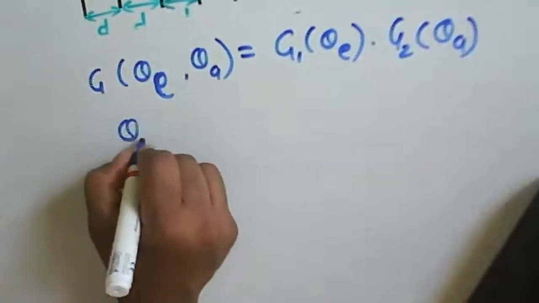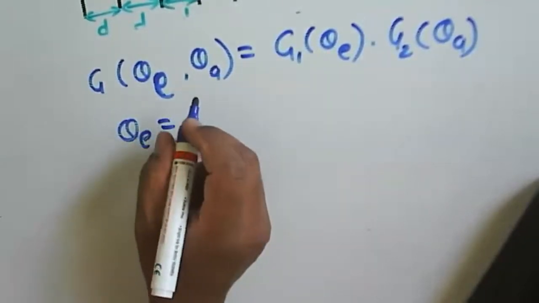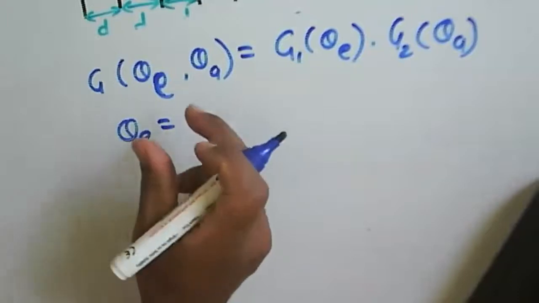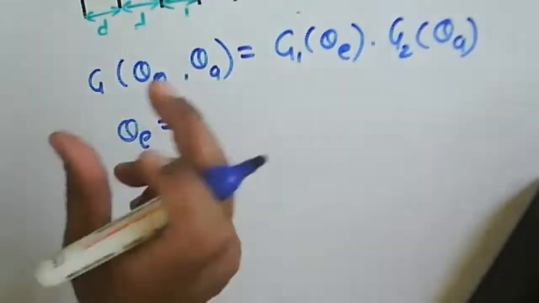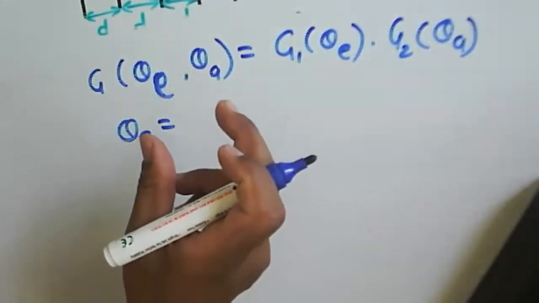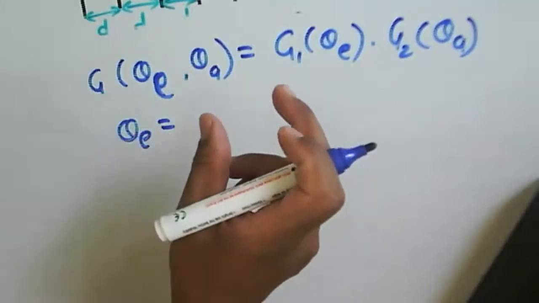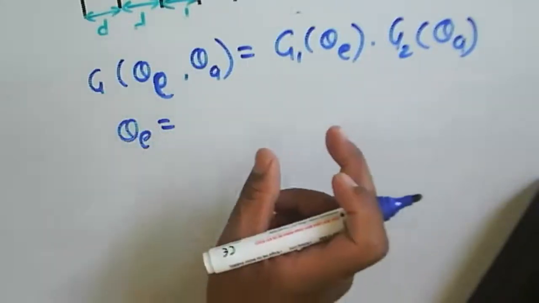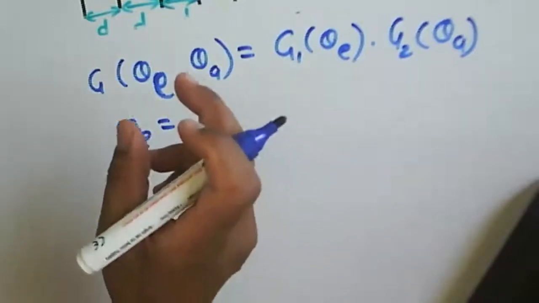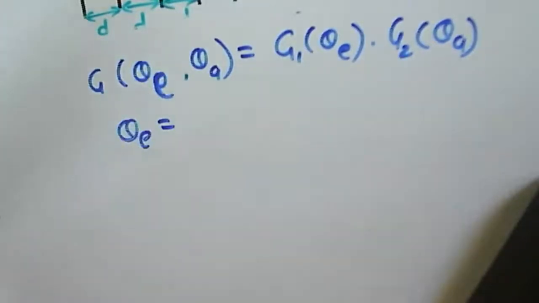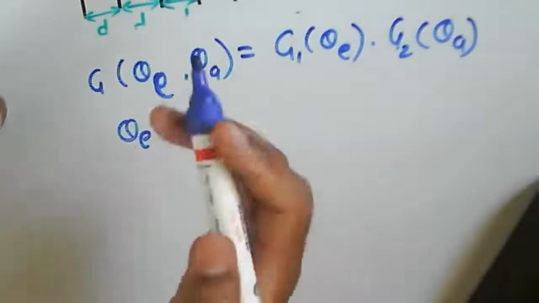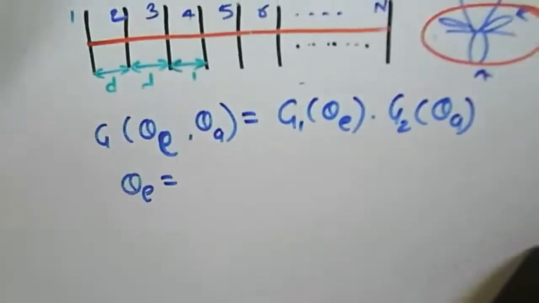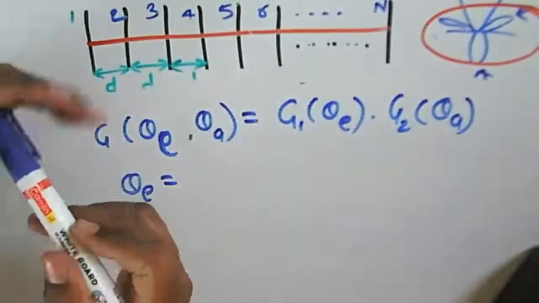What do we mean by theta e? It is nothing but the angle towards the elevation, where the elements are considered in two dimensions instead of a single dimension.